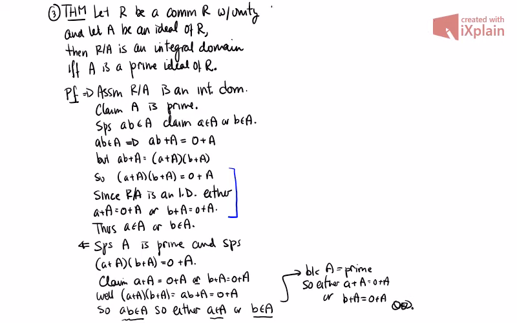So the second theorem, you might be able to make an educated guess about where this is going. The first theorem gives us a tie-in between integral domains and prime ideals. So you might guess that the other one might give us some tie-in with A being a maximal ideal, and it does. So we'll say let R be a commutative ring with unity, and let A be an ideal.